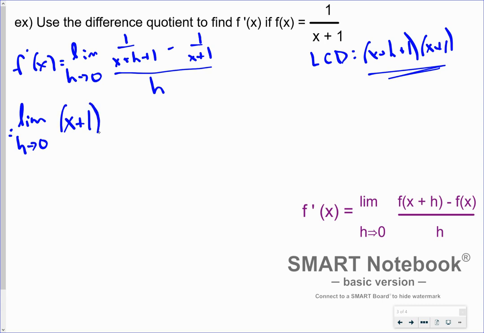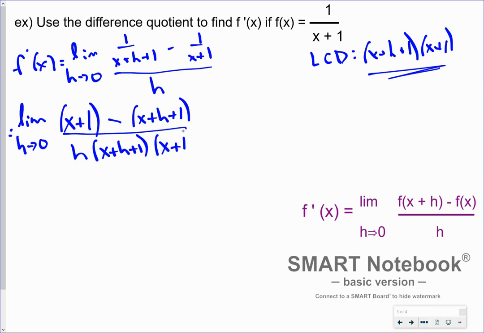Let me put them in parentheses. Minus. In a similar way, the x plus 1 here and that x plus 1 there are going to cancel, but you still have that x plus h plus 1. Now, in the bottom, you have h times x plus h plus 1, and then times the x plus 1.